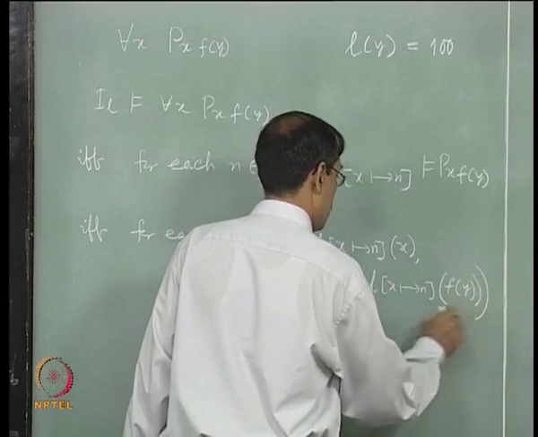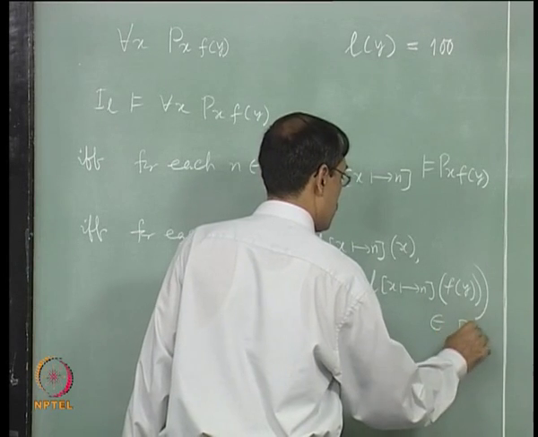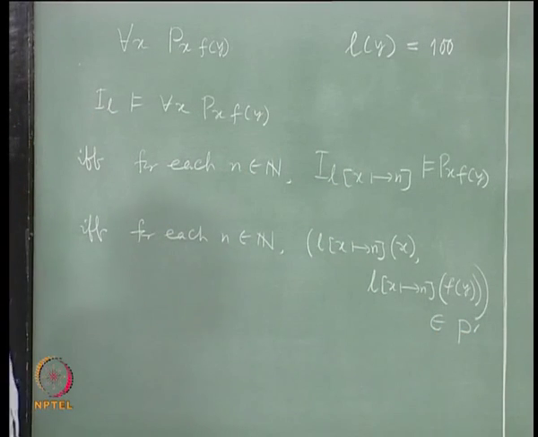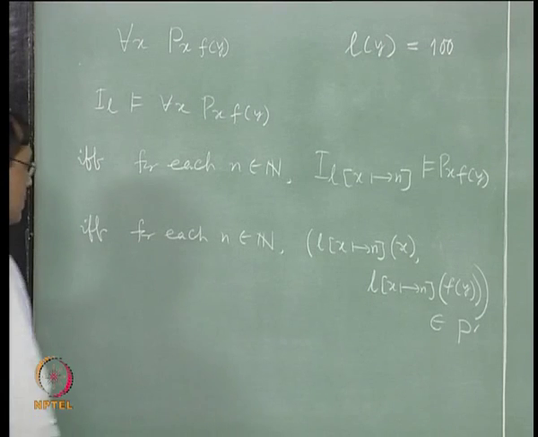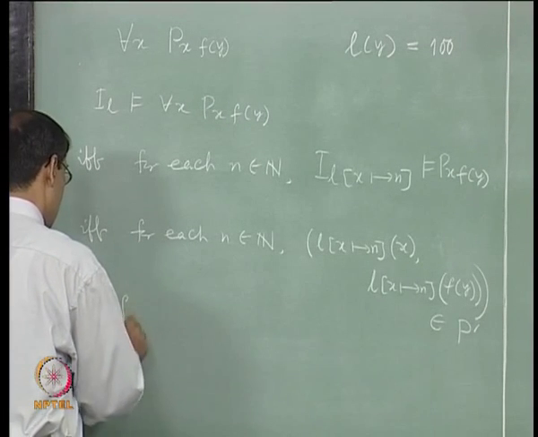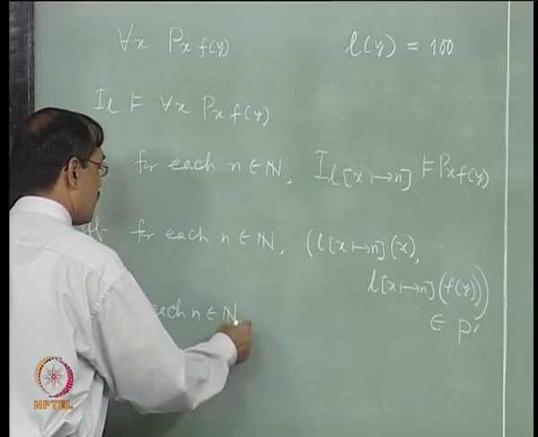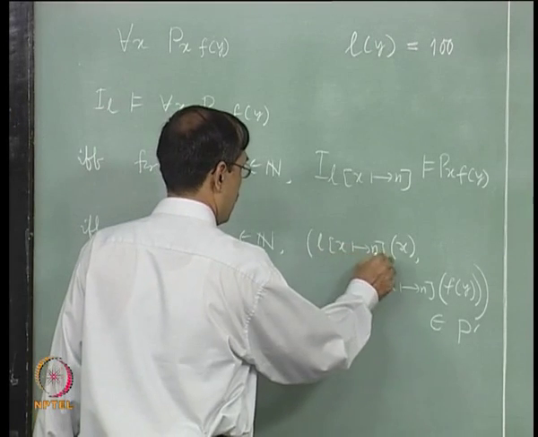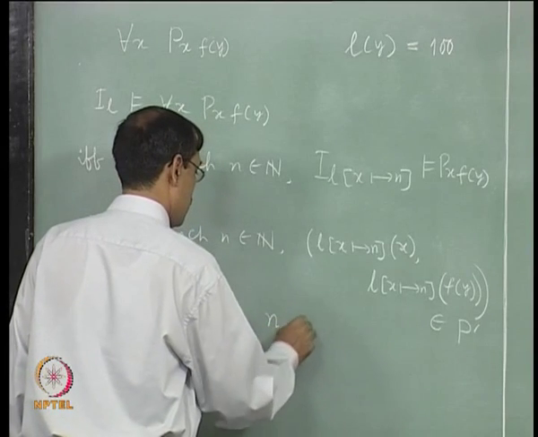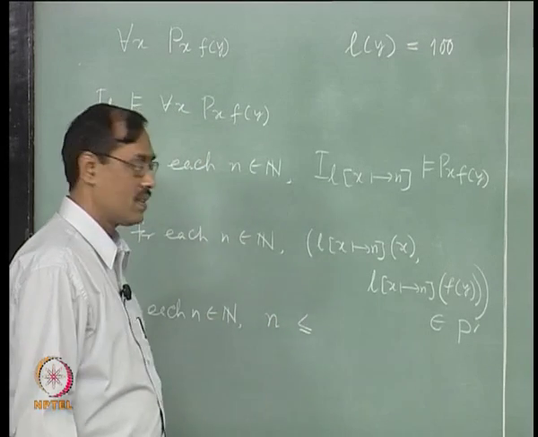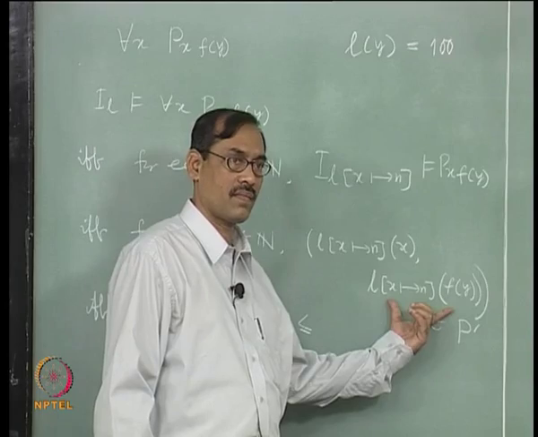This belongs to p prime, right. Then this is so if for each n in N, now L x fixed to n of x is n, p is less than or equal to, then we have to evaluate this, right.